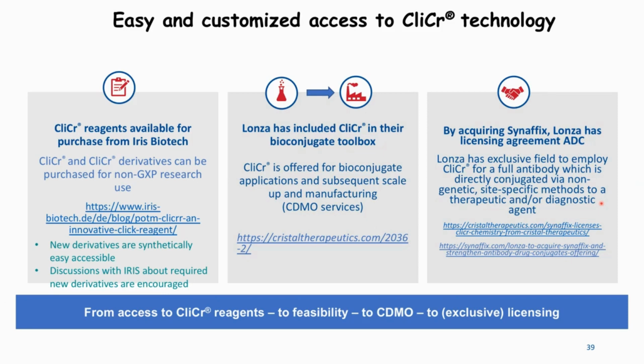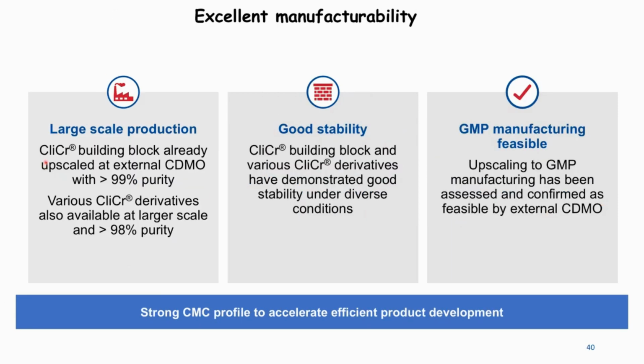Now, what is also very important, that one can produce Clicker on a large scale. Although I am an organic chemist and was very hesitant, saying, is this going to work at all? Now, I can tell you these compounds can be made in more than 100 grams quantities, several 100 grams quantities.